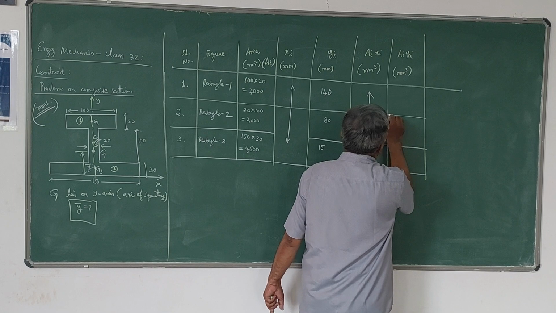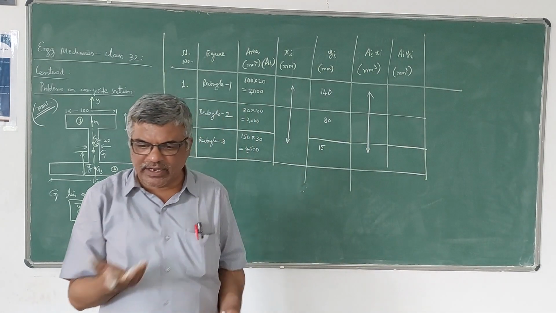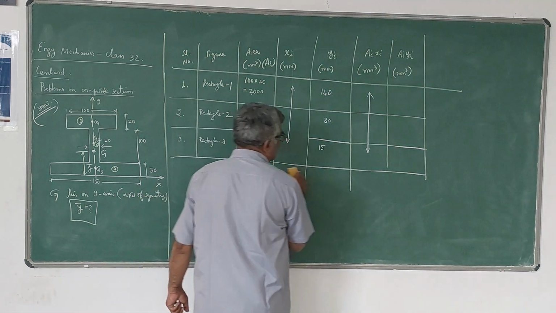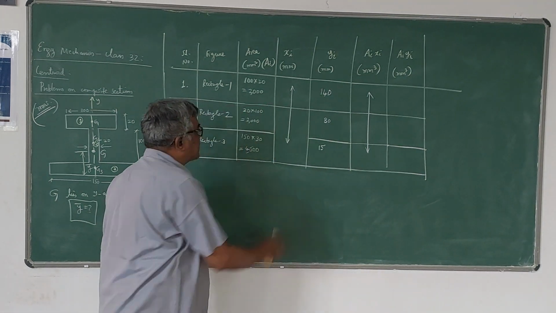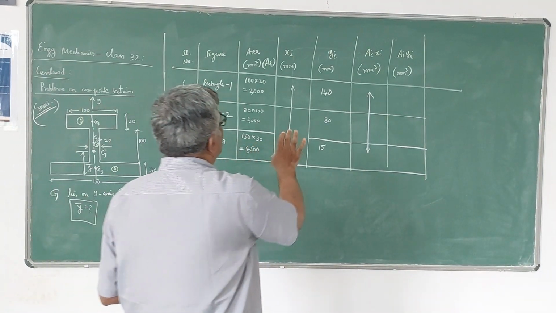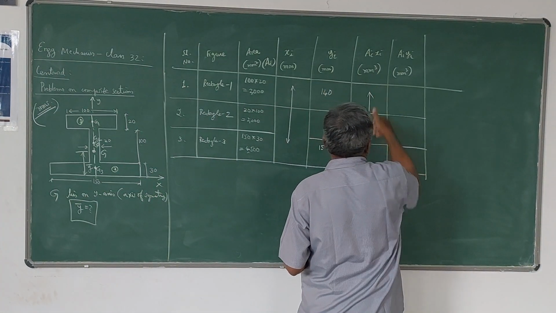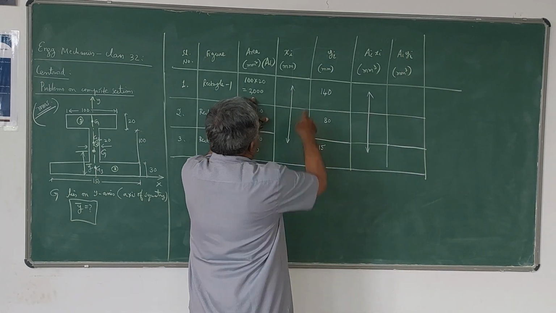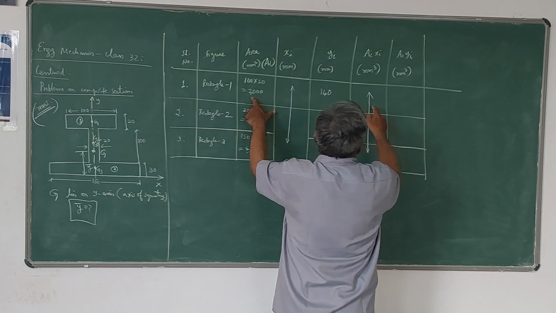Now we can find out the products. Once you write the areas and x and y values, now you can take the product ai xi. Here the ai xi term is not there, because all xi are zeros, so this also becomes 0. Only ai yi needed.